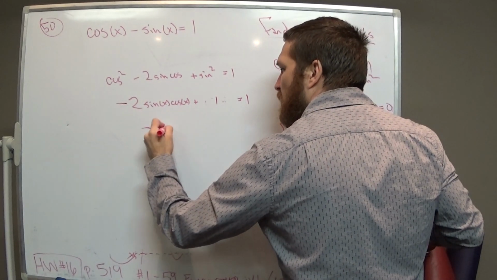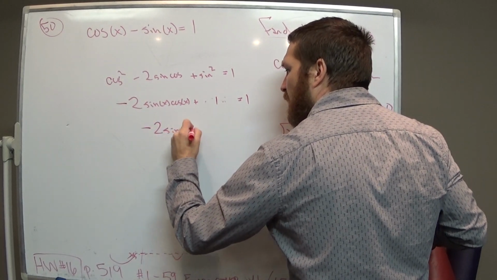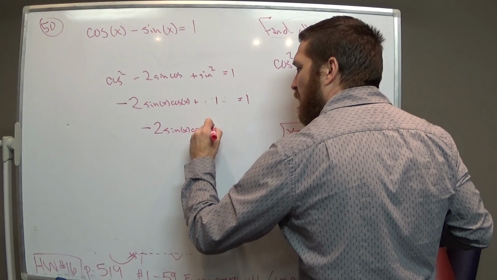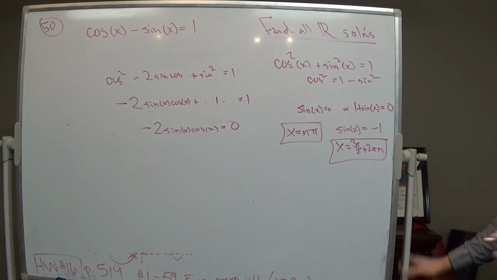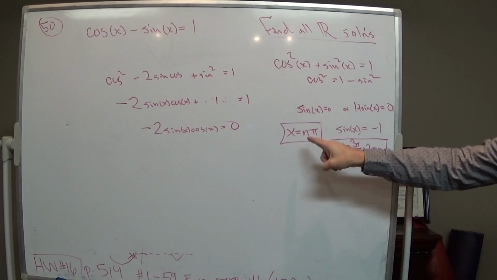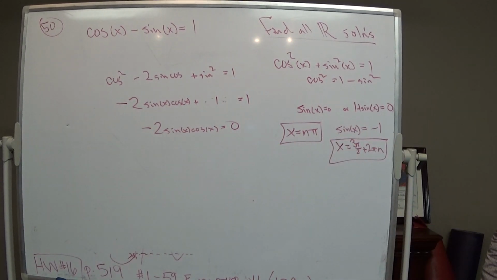And so I have my 2 sine cosine equals 0. The 2 doesn't matter. That guy's going to give me that guy, and the other.